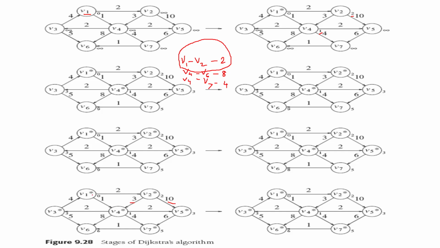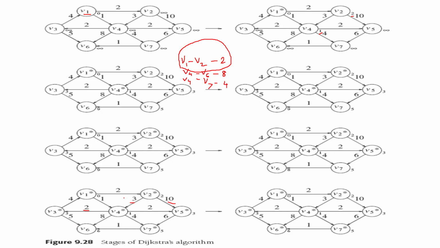From v1 we covered both the edges, so we do not have anything left, and from v2 to v3 it is 2. Out of 2, 3 and 10, 2 is the lowest one. So our next node that gets added in the cloud is v3.